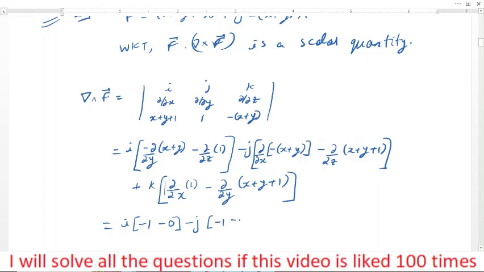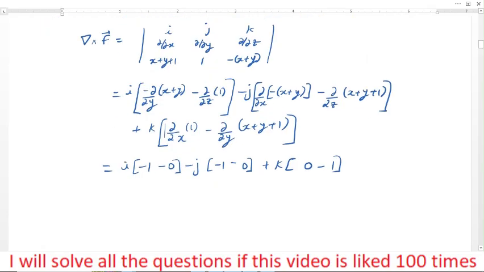Again minus. There is no z term in this, so we consider it 0. Plus k: a constant is always 0. Minus, now dou upon dou y of x plus y plus 1 is 1. So here we get the answer, equal to minus i plus j minus k. This is the answer, students.